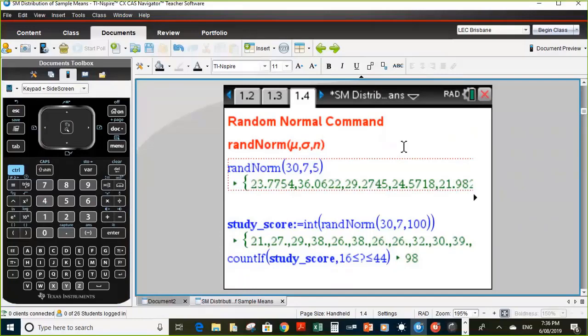And you can ask students, particularly in Year 12, do they know of any situations where you've got a normal distribution with a mean of 30 and a standard deviation of 7, and in fact they should know that's the situation for a study score that they will get at the end of the year for a particular subject. And when you press enter, what we see there is 5 random values drawn from that population with mean 30 and standard deviation 7.